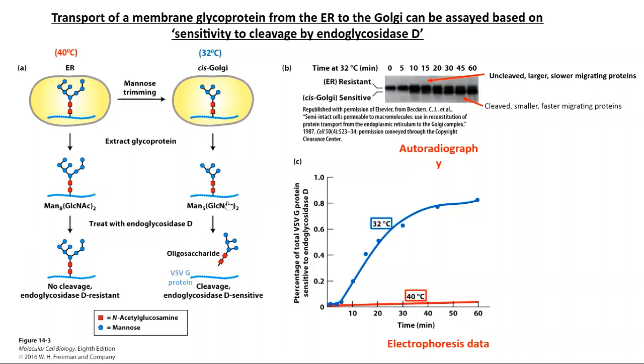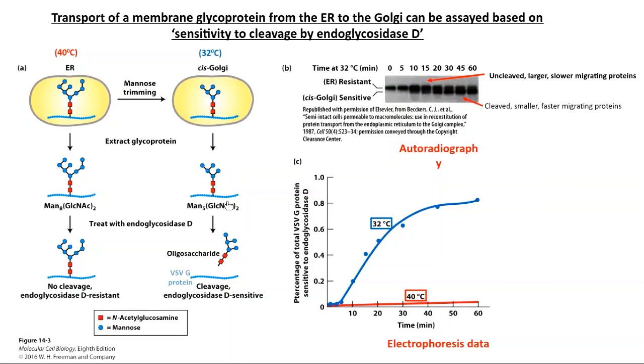Okay. So what happens is that the protein moves from the ER to the cis Golgi, gets trimmed, and then endoglycosidase D cleaves the oligosaccharide side chains from proteins processed in the cis Golgi.